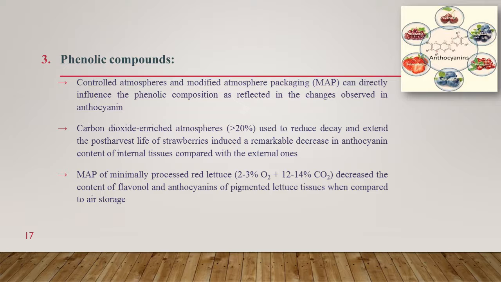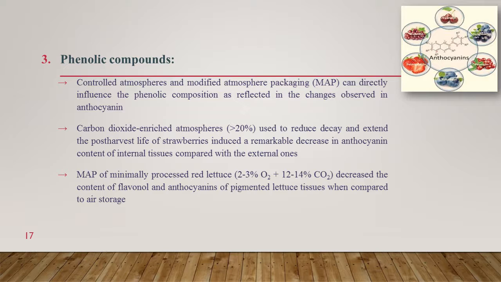In addition, modified atmosphere packaging of minimally processed red lettuce, 2 to 3% O2 plus 12 to 14% CO2, decreased the content of flavonol and anthocyanins of pigmented lettuce tissues when compared to air storage.